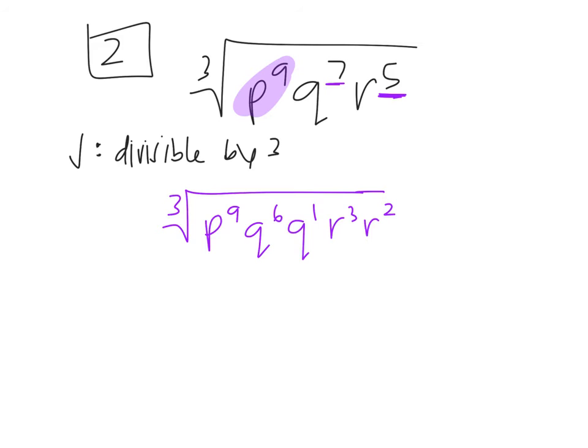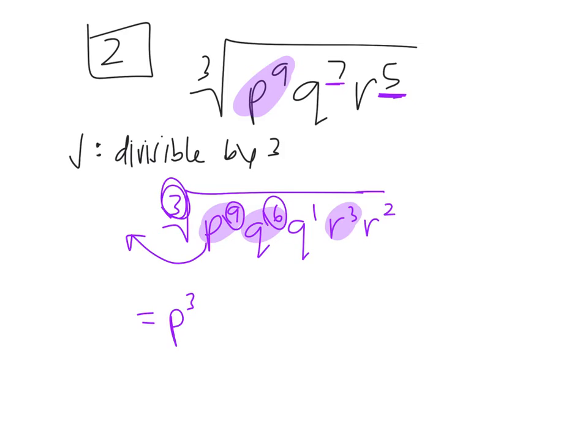Okay? So now I can go back in and I can simplify my variables that have an exponent that is divisible by 3. So p to the 9th, q to the 6th, and r to the 3rd power are all divisible by 3. So when I take 9 divided by 3, I will get 3, so I'll have p cubed. Remember, when you take them out of the radical there, you're making them a changed man. They're getting out of jail.